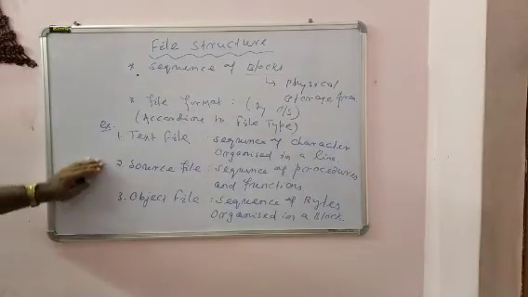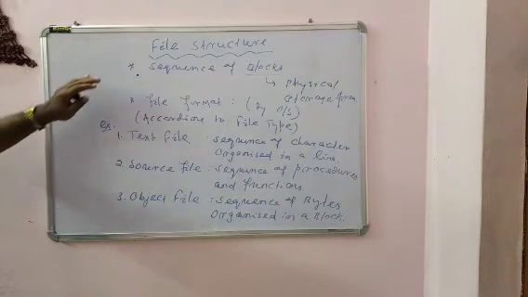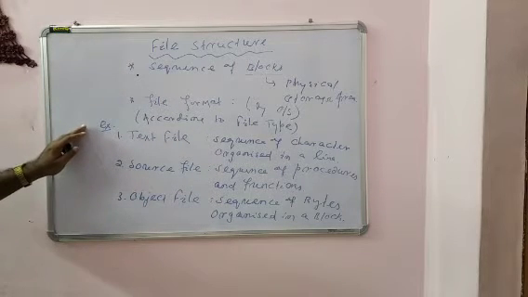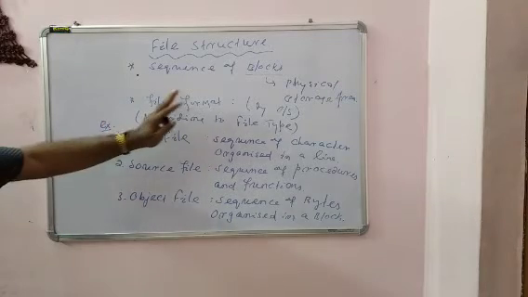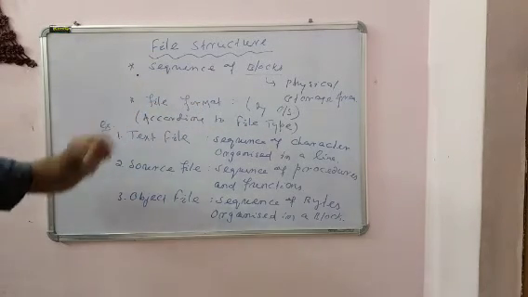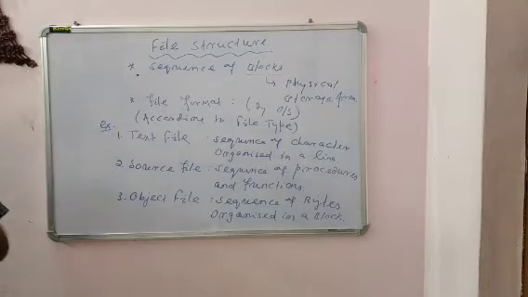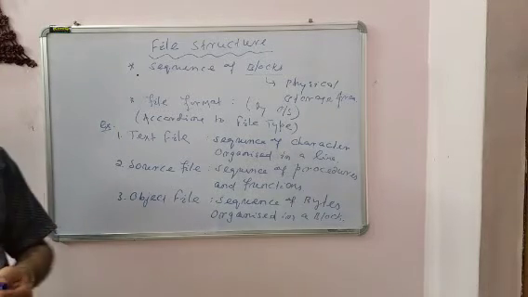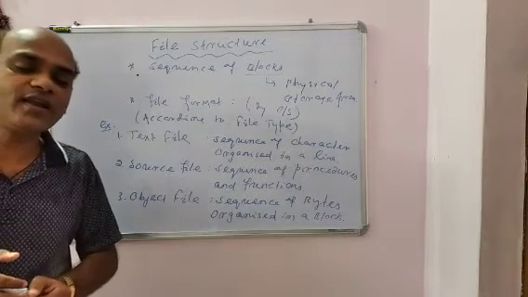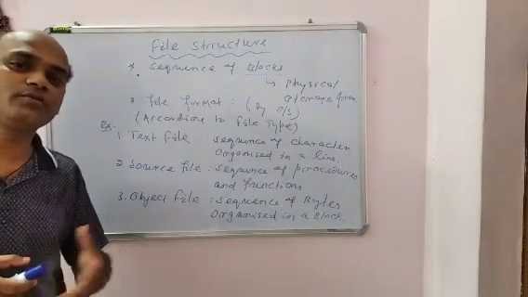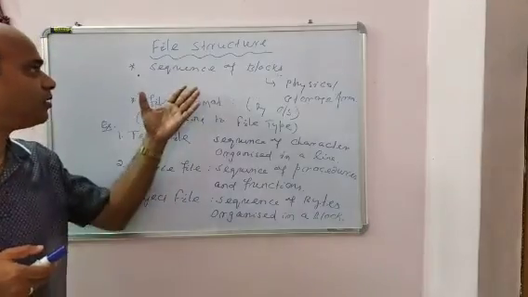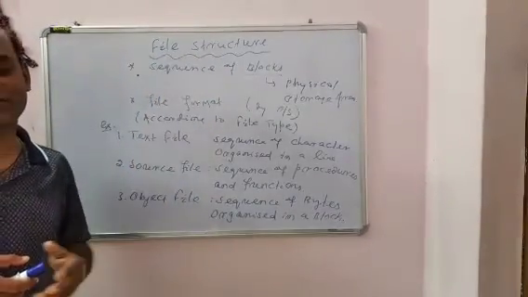There are so many types of file, each with a different file format. This format is the file structure. In this way, different files can be created, and different files can store different types of information in computer memory. That is the different types of file and file structure.